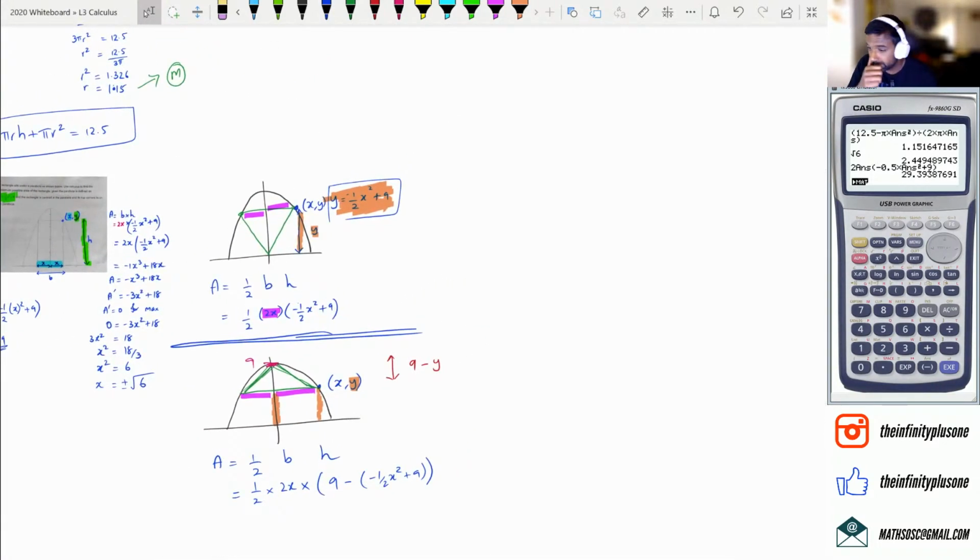All right, guys, I'm guessing we're okay with this type of question and we can move on. Not necessarily 2x, because sometimes you have to be careful, it all depends on the position of x.